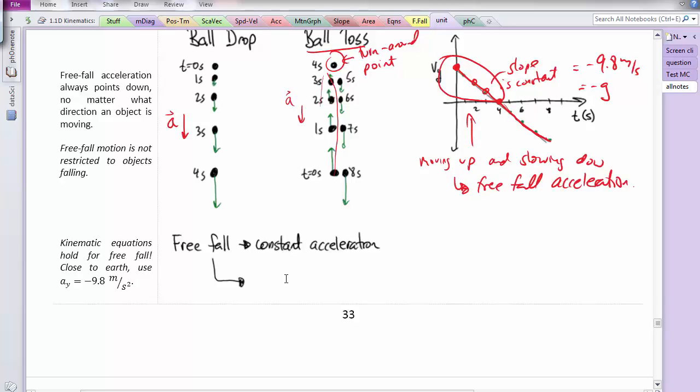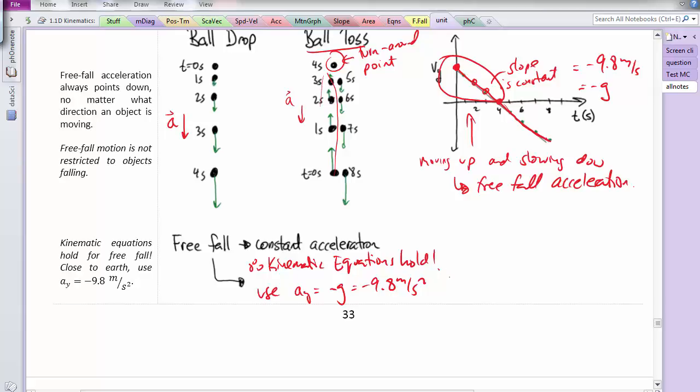Some notes: free fall is constant acceleration, therefore all our kinematic equations hold. Instead of a, for a_y we use negative g, which is negative 9.8 meters per second squared. This is for problems on Earth, of course. If you have problems on the moon, you would use the g for the moon.